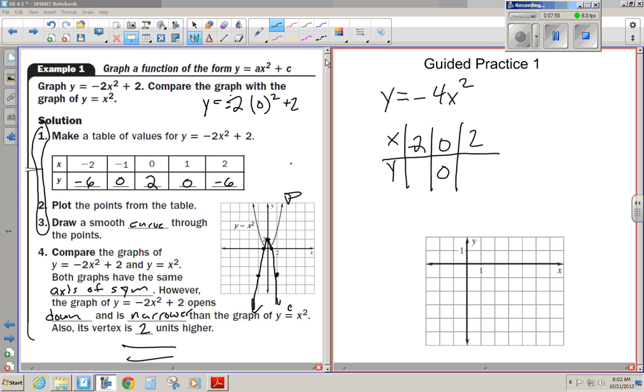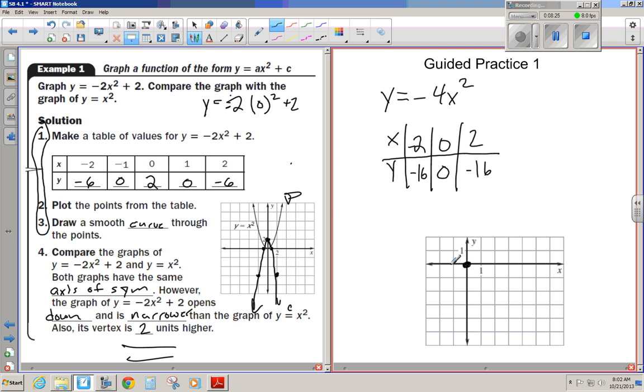All right, as I started filling these out, I realized -2 and 2 are a tough choice for graphing this, but we're going to go ahead and go with it because -2 squared is 4. 4 times -4 is -16. Since this is a mirror image, 2 squared is 4 times -4 is -16. So we've got a dot at 0, 0.